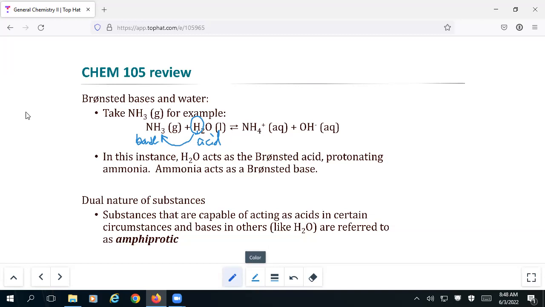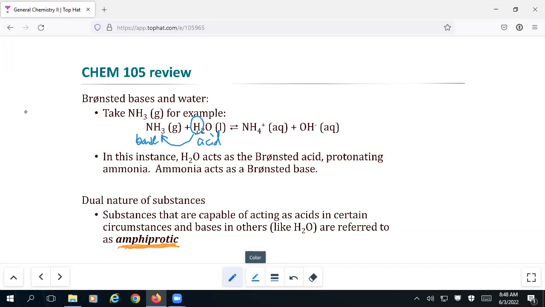I put the water in a situation with a basic substance, it acts like an acid. We have a name for those kinds of compounds. We call them amphiprotic. Now, water is the most common form of an amphiprotic substance.